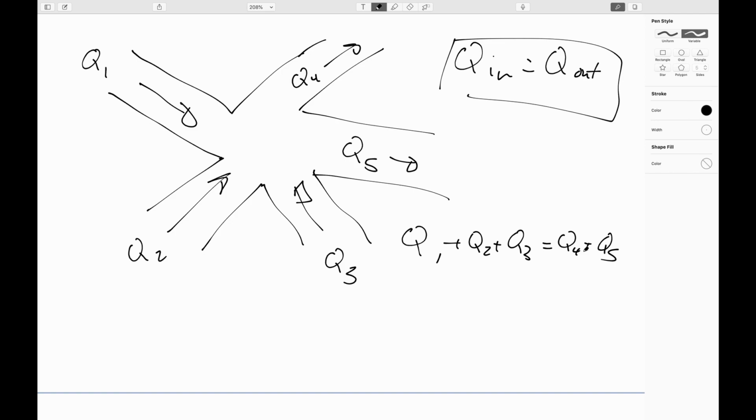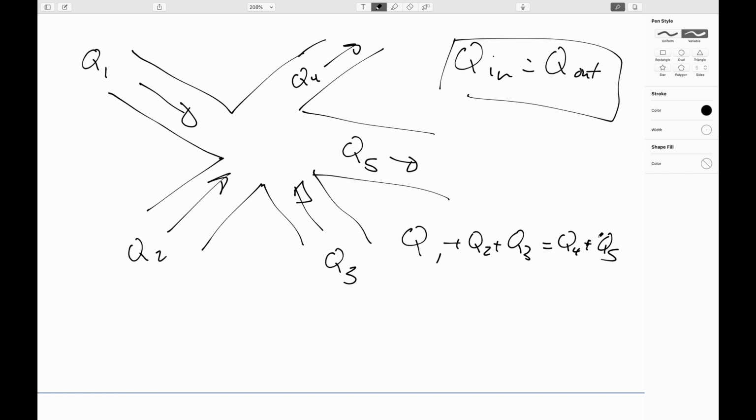This also shows up in electricity, where this will get called Kirchhoff's node rule. And that basically is just saying that the number of electrons that go into a junction in a circuit in any amount of time have to equal the number going out, or else there's a problem, etc. So this is a sort of thing that tends to show up in a lot of different places.